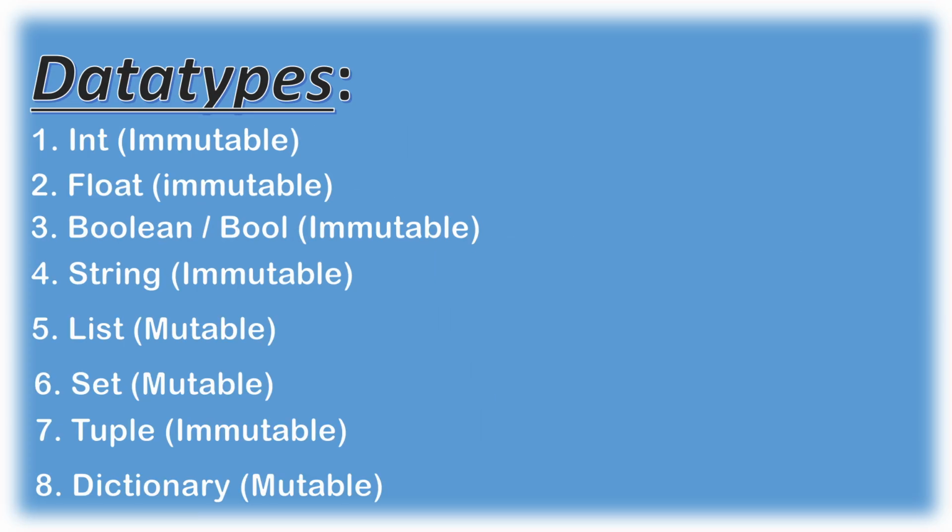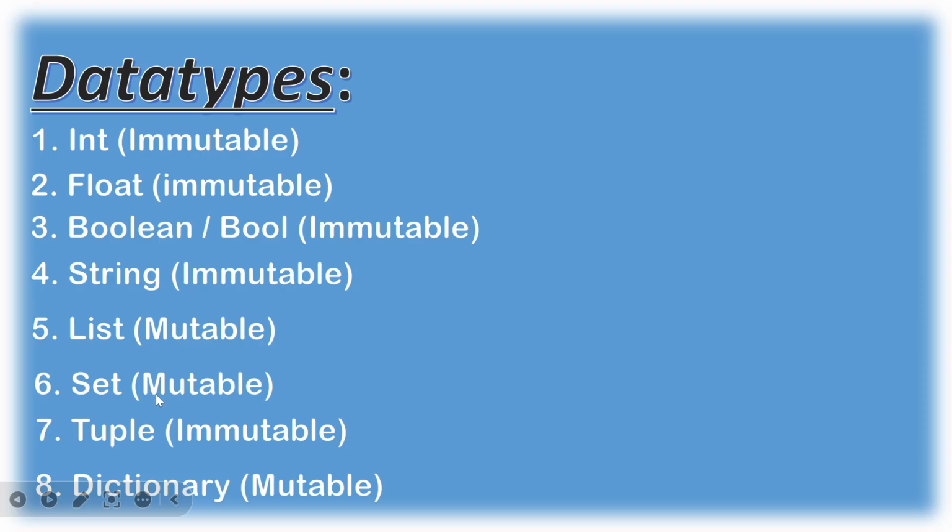Next is data type. What is a data type? There are a lot of data types: integer, float, boolean, string, list, set, tuple and dictionary. These are the data types we are going to use in our Python codes. You can see I have mentioned immutable and mutable. Immutable means the values cannot be changed; once it has been created, it cannot be changed.